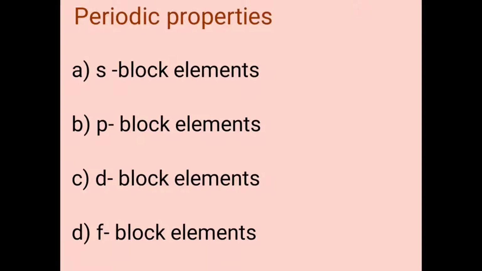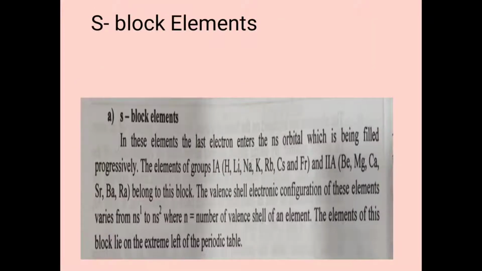Now, let us start with the S block elements. In S block elements, the last electron enters the ns orbital, which is being filled progressively. The elements of group 1A and 2A belong to this group.